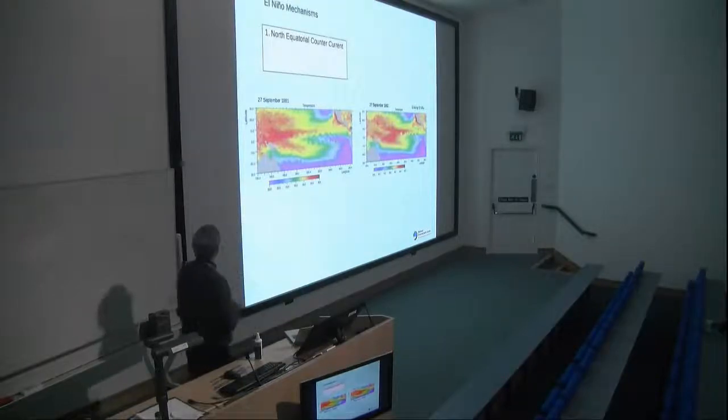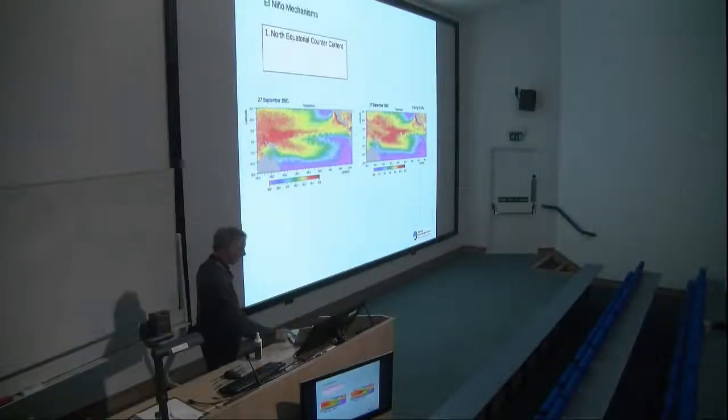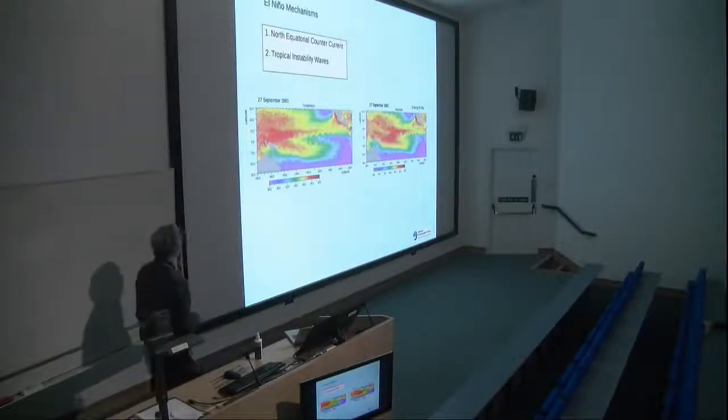So, in terms of the El Niño mechanisms, what the model is showing is that it's the NECC which is the main agency in carrying heat to the east. It's a geostrophic current, it's in geostrophic balance, it's not a gravity type wave or anything of that sort. The other key thing is the role of tropical instability waves.